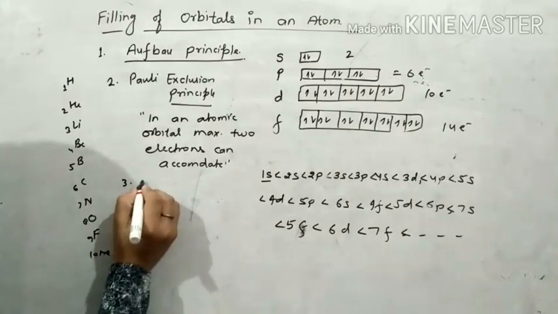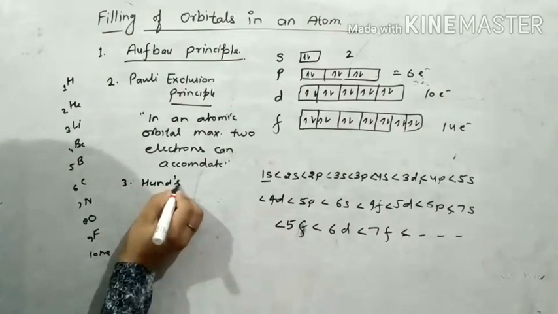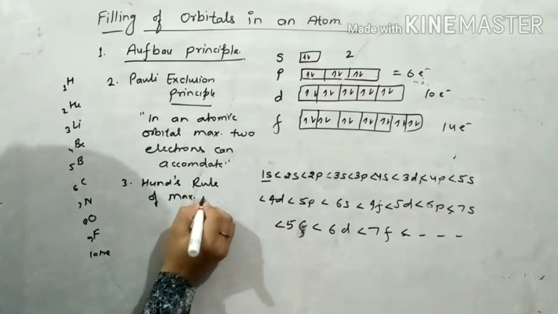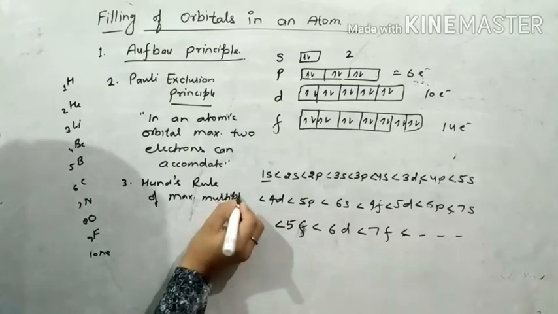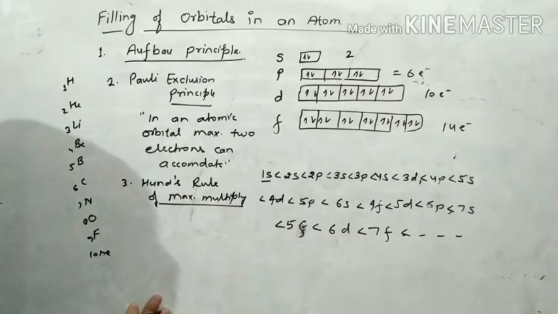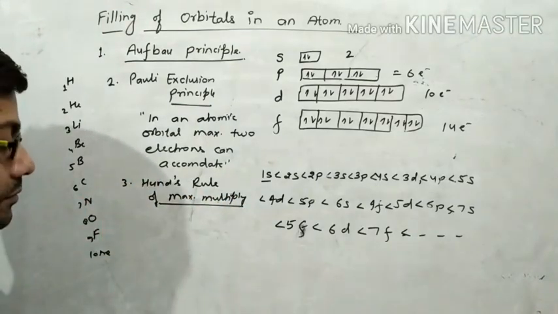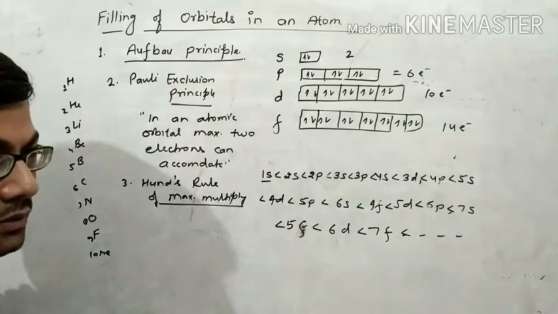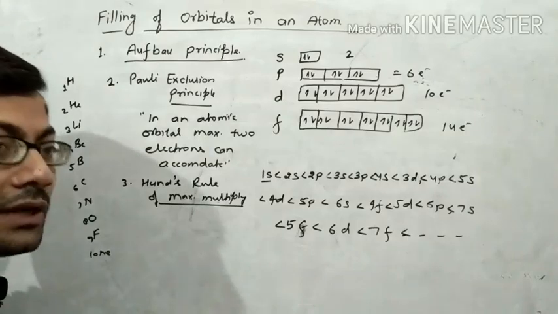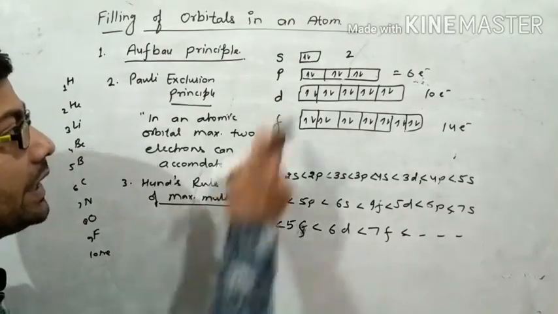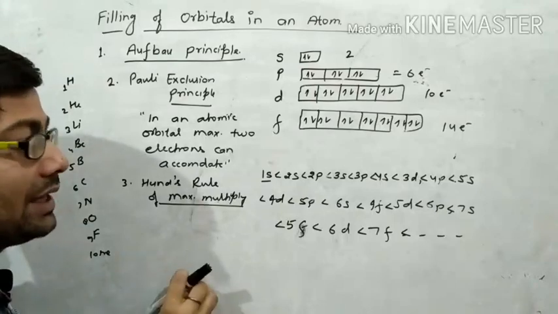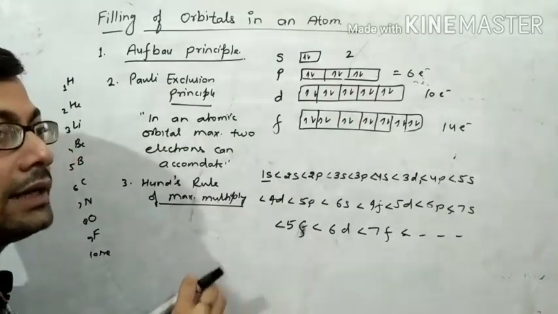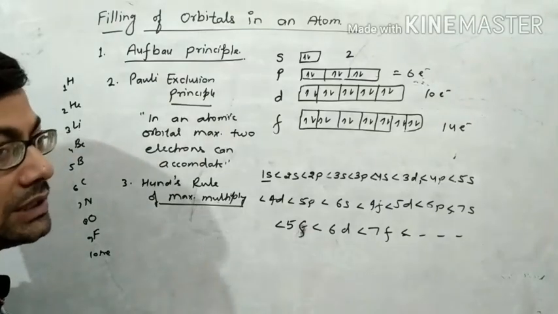Now the third is Hund's rule of maximum multiplicity. In simple form, Hund says that if you have more than one electron to fill in an atomic orbital, firstly you fill the electrons in one direction and the remaining electrons in the opposite direction.